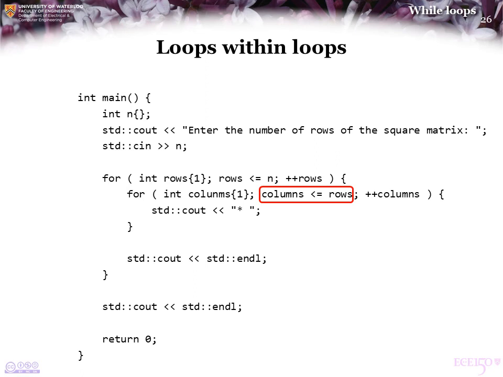Now, columns will start at 1, and initially when rows is equal to 1, the condition will be columns less than or equal to 1. On the next iteration of the outer loop, rows is equal to 2, and so once again, the inner loop will go columns initially assigned 1 continues as long as columns is less than or equal to 2. So on the second row, this will print 2 asterisks, and so on and so forth.